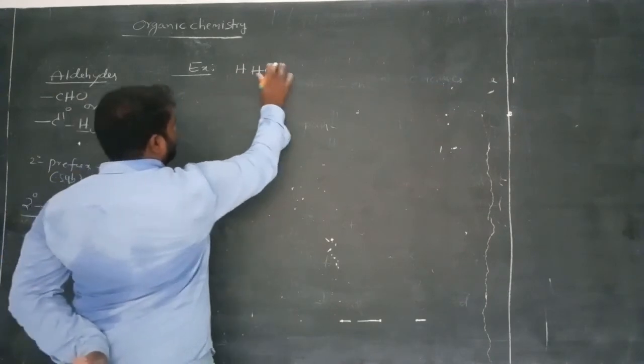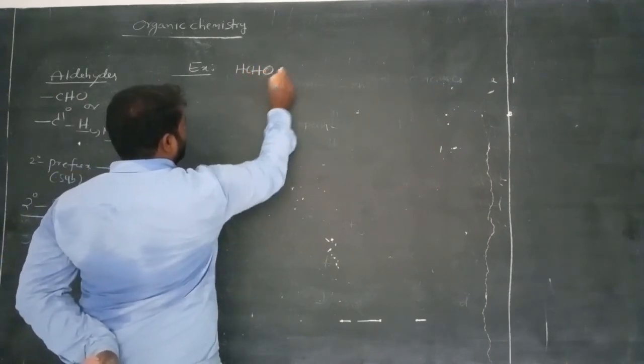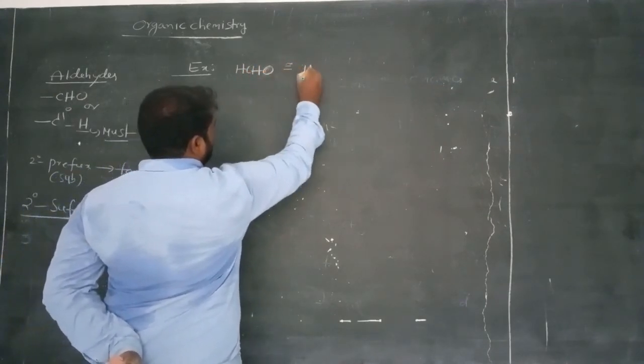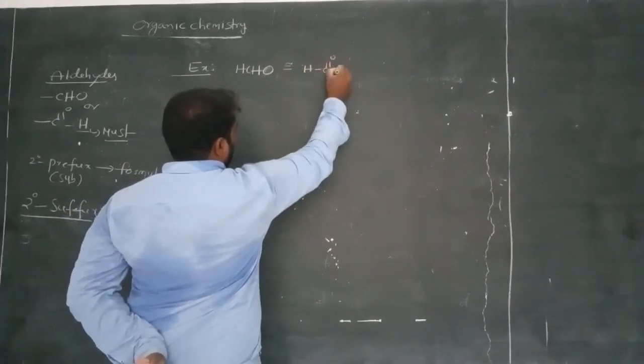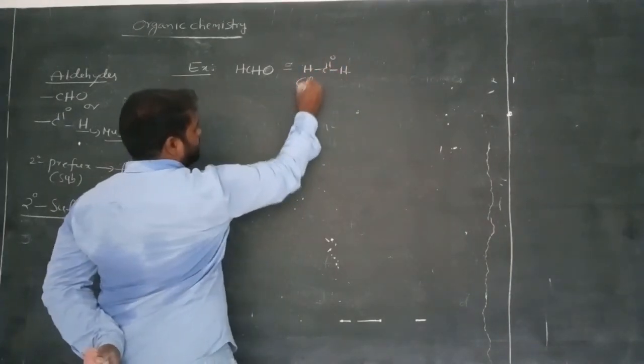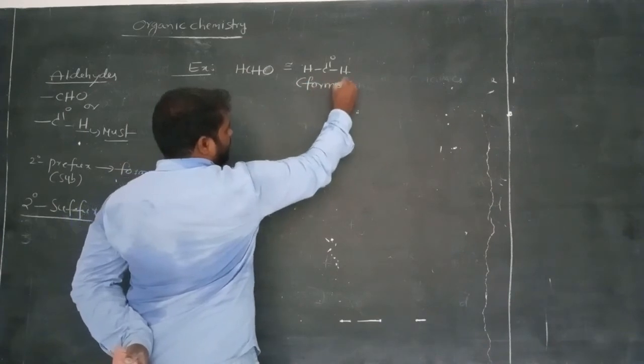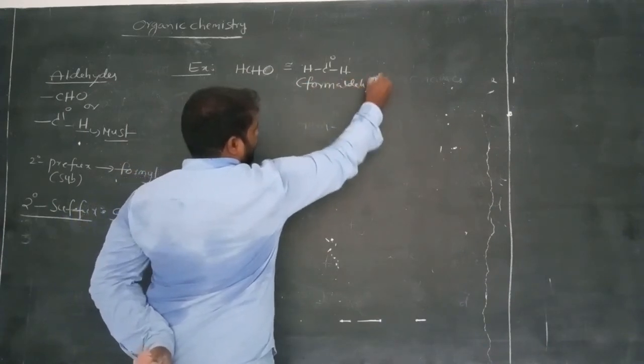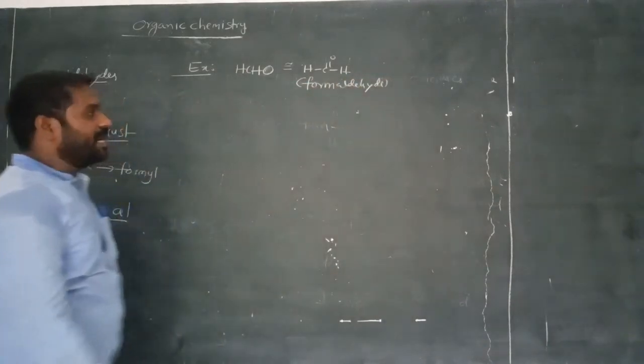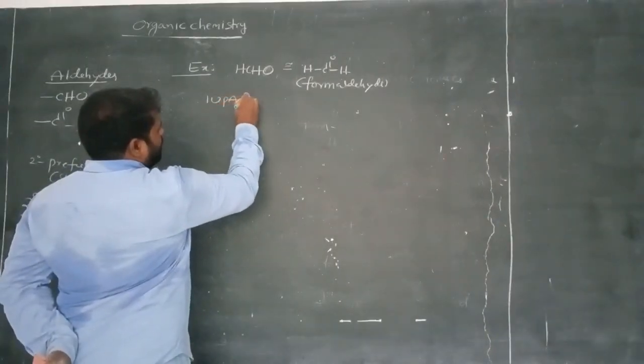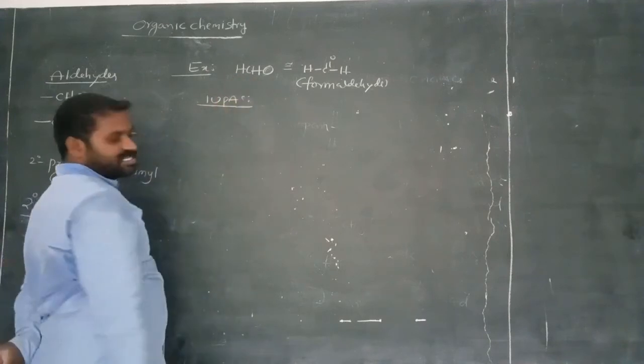HCHO. We can also write this as H C double bond O H. Its common name is formaldehyde. Clear, students, up to formaldehyde. And its IUPAC name is, how many carbons does it consist of? Only one carbon.